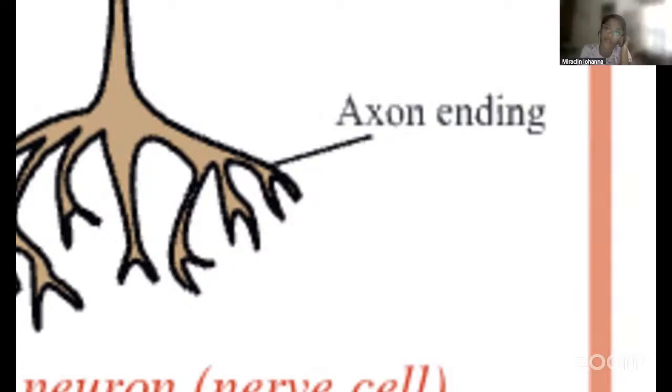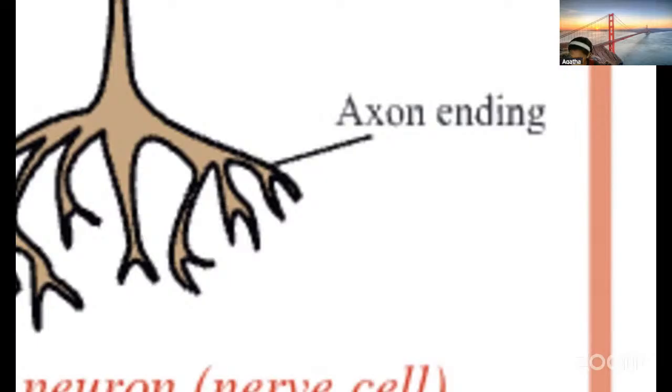So that is called synapse. The place between one neuron and another neuron is called synapse. The neurotransmitters are the ones which help transmit those electrical signals from the axon ending to the dendrites.